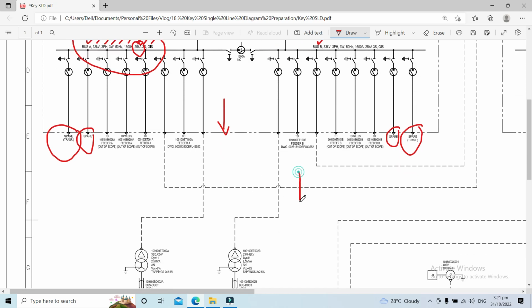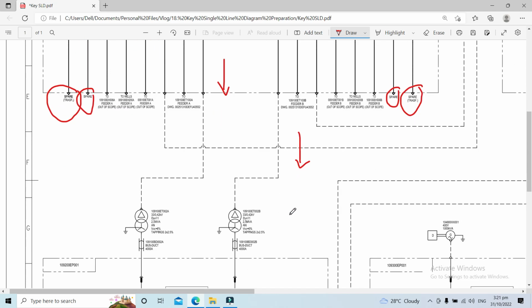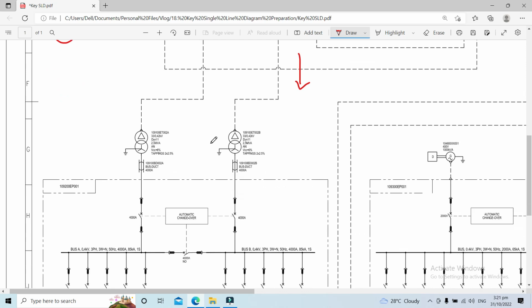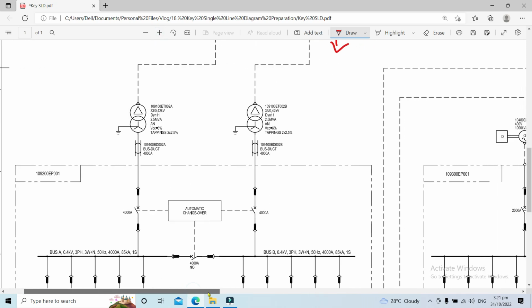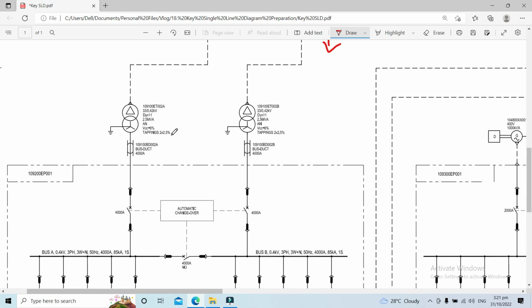Going down, this broken line here is the symbol of our power cable. Here we have another two transformers. These transformers are rated 2.5 MVA.